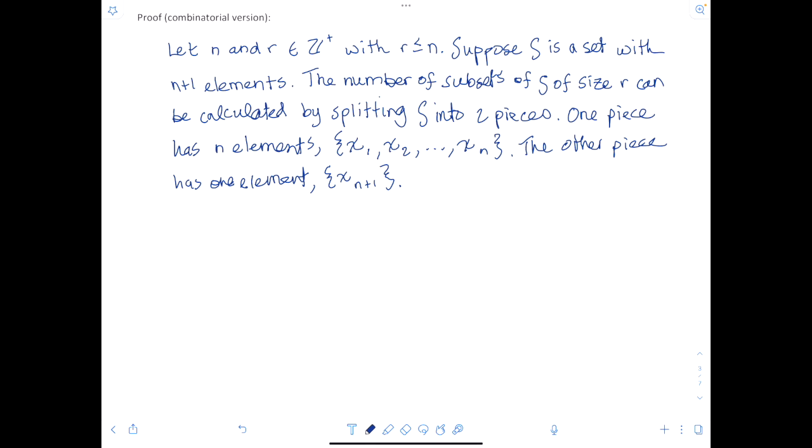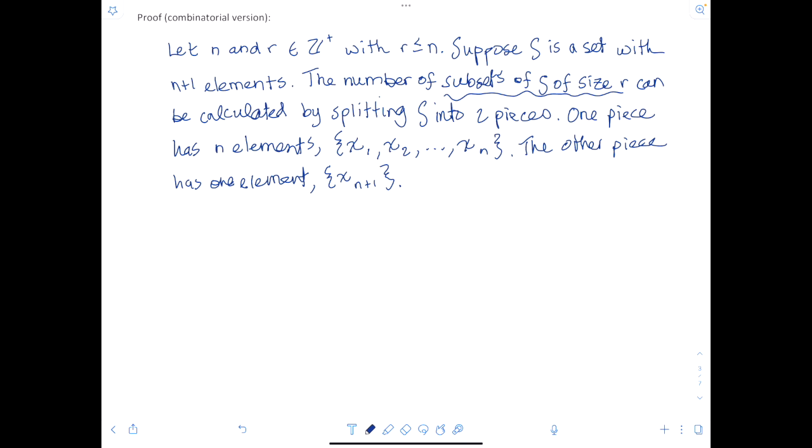So what was the whole size of S? What were the total number of subsets of S? Beautiful, it was over here, right? Subsets of S of size r. So basically, let's check it out. We're choosing r elements.